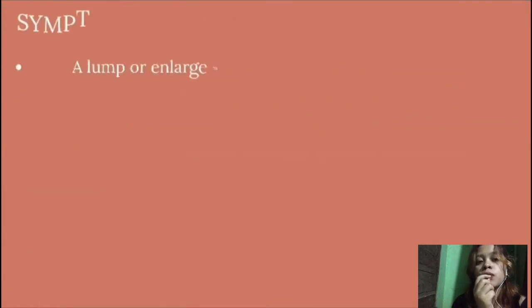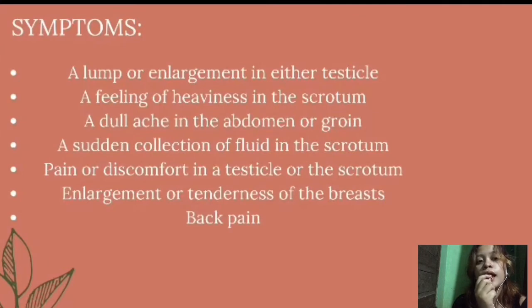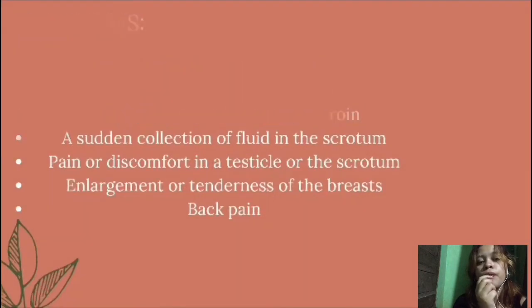The early symptoms of testicular cancer are a lump or enlargement in either testicle, a feeling of heaviness in the scrotum, a dull ache in the abdomen or groin, a sudden collection of fluid in the scrotum, pain or discomfort in the testicle or the scrotum, enlargement or tenderness of the breast, and lastly back pain.